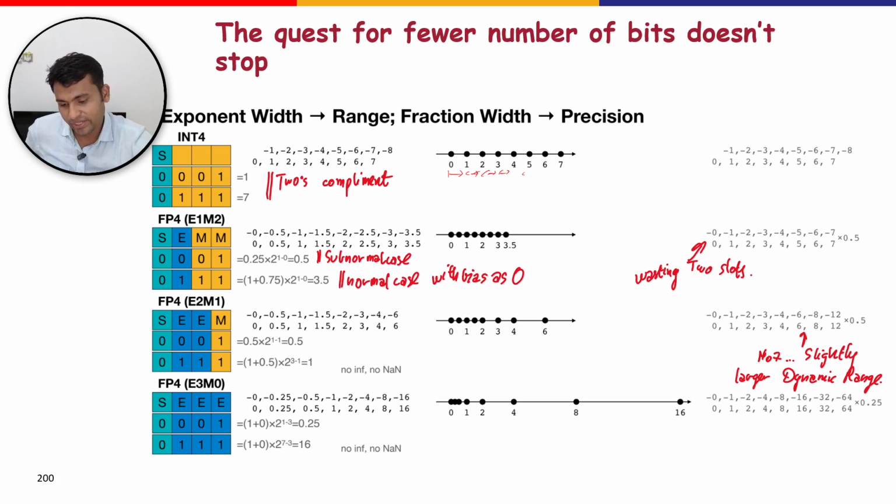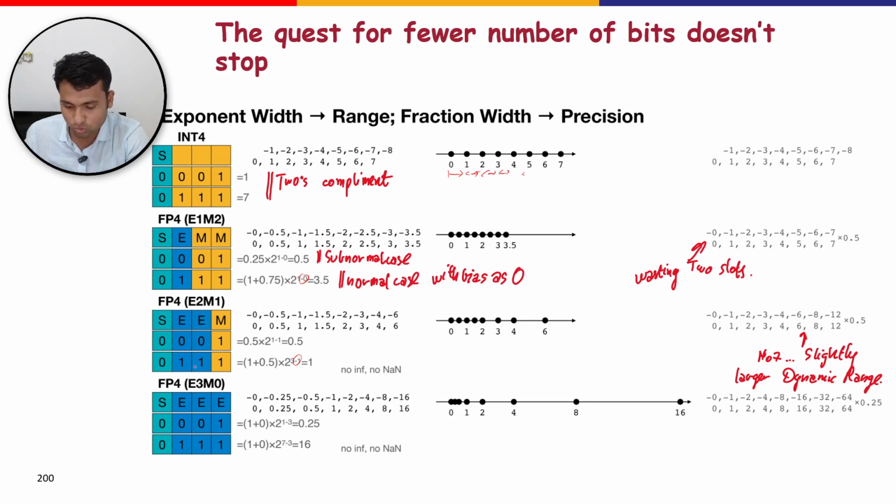We then try to increase the exponent bits. So if this is 1, 1 and this is 1, then 1 plus 0.5 into 2 raised to the power 3 minus 1. Why minus this exponent bias? How are you calculating the exponent bias? The number of bits minus 1. Here the number of bits was 1, so 1 minus 1 is 0.